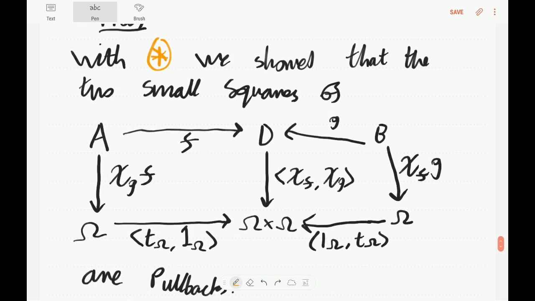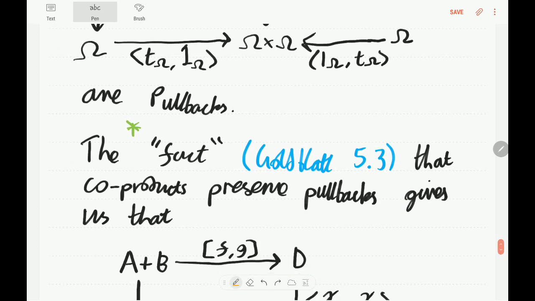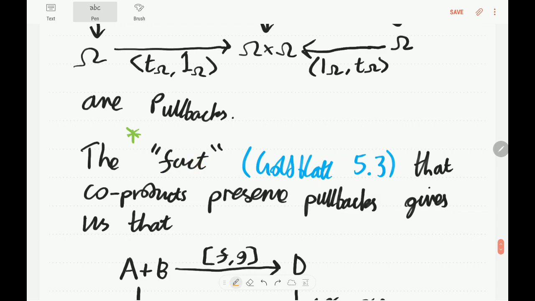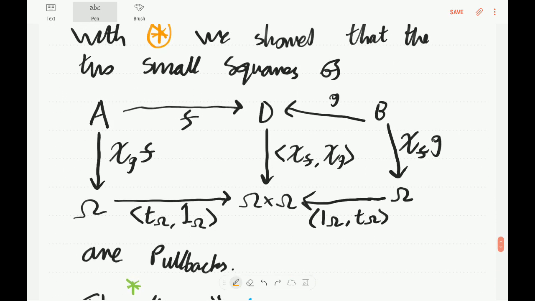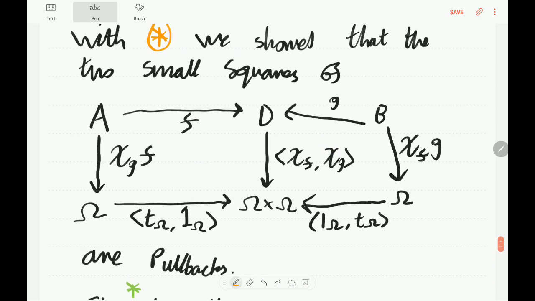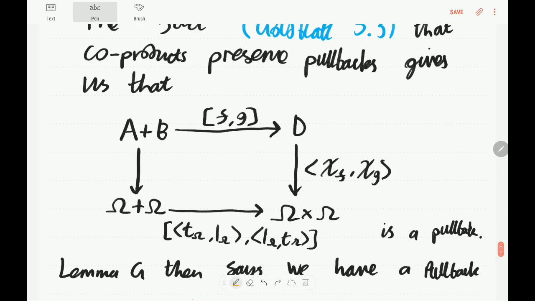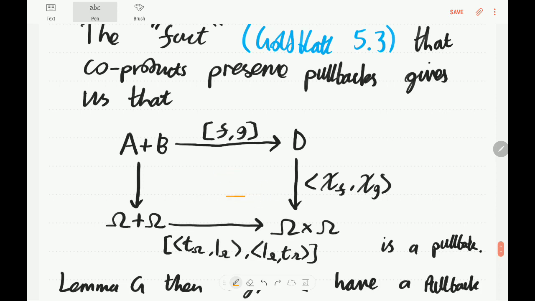So we have that this left square is a pullback. A similar argument shows that this right square is a pullback. Another one of these should-be post-fundamental-theorem-of-topos-theory facts that Goldblatt states is that co-products preserve pullbacks. So given that these two things are pullbacks, we can take the co-products of the stuff on the far left and the stuff on the far right and get this, which also must be a pullback.